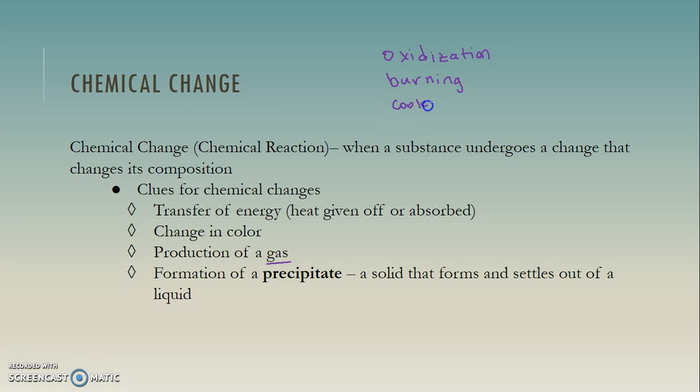Cooking, baking, you're physically changing it because it looks different, but you're actually chemically altering the structure. So cooking and baking are chemical changes. Decay or decomposition, those are chemical changes. So as those bananas we talked about go from green to yellow to brown, they're in the process of decaying. That is actually a chemical change. So, you know, think outside the box with these last two, because I've got those in some of my examples.